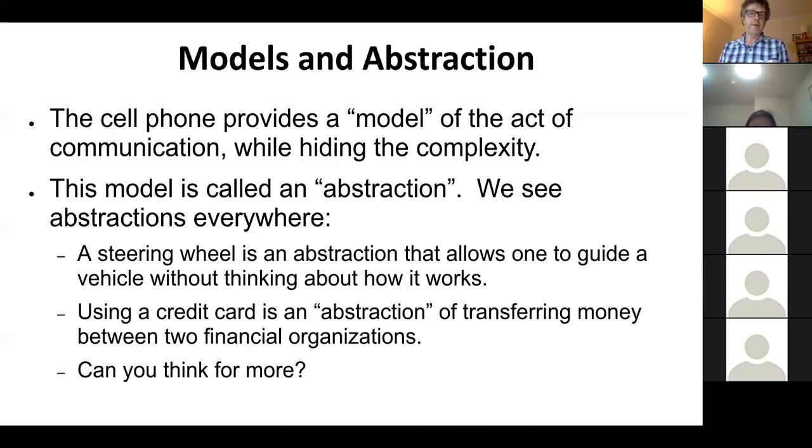Can you think of some other abstractions you use in everyday life? I mean, let me just prime the pump with a simple thing. Look over the wall of the room you're in. There's a wall, there's a light switch, right?